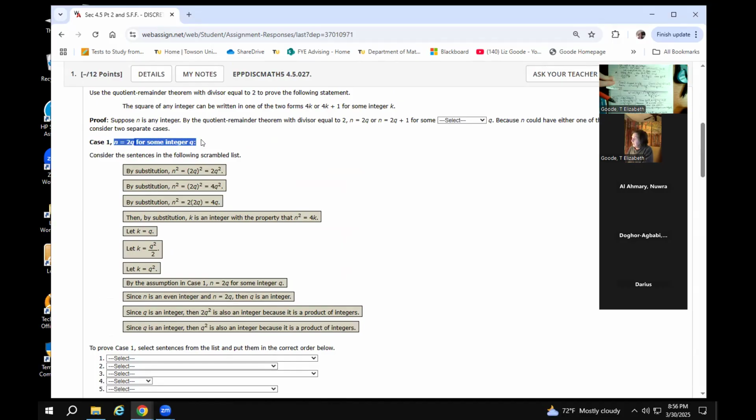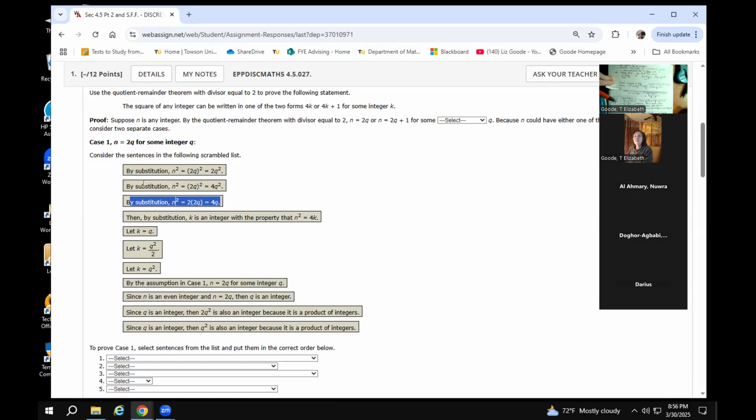But the next thing is to try to figure out what's the next thing that happens. Well, the next thing we did was we were looking at n squared. So probably the next step is going to be either this one or this one or this one.